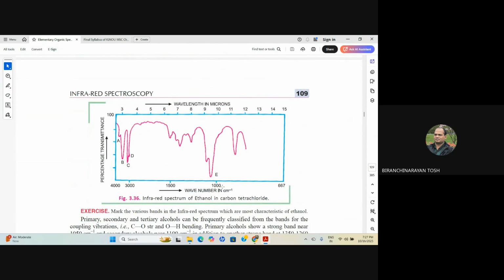Similarly, for ethanol, you can see in carbon tetrachloride, A and B are for the OH group, and C and D are for the CH stretching of the methyl or methylene group, and here around 1100, above 1000, whatever you are getting, that is for CO stretching.